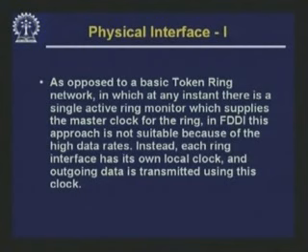So, if the ring is quite large, then having a central clock becomes difficult. So, in the FDDI approach, each ring interface of each concentrator has its own local clock, and the outgoing data is transmitted using this clock.